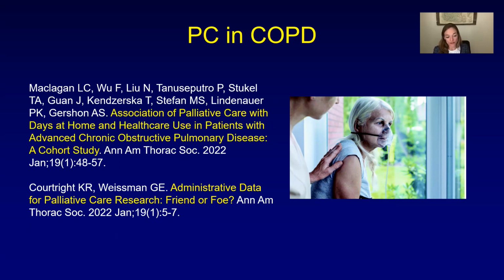But interestingly, a response article was recently published that pointed out some of the limitations of their approach and the data source, such as the way that the nursing home patients were handled in the analysis. The authors in the response article felt that actually dying at home, if you're in a nursing home, should be considered dying at home.